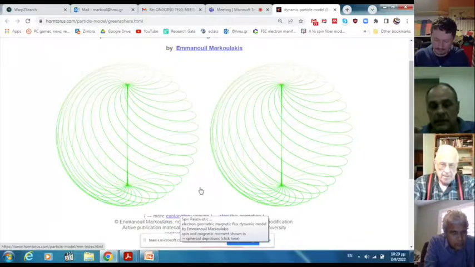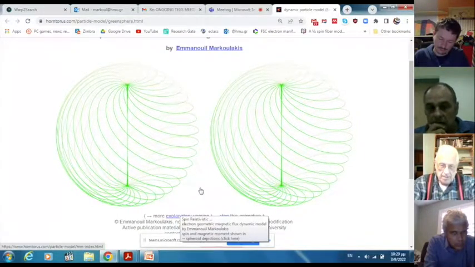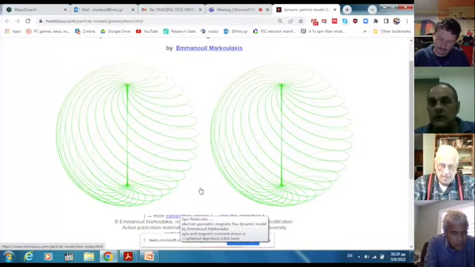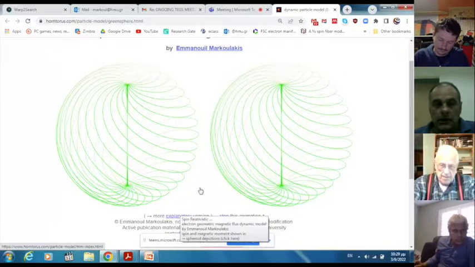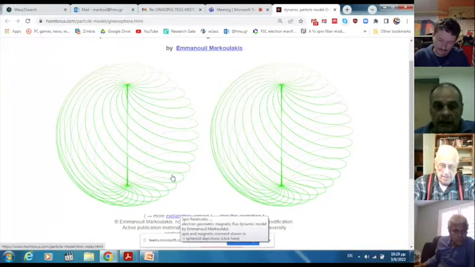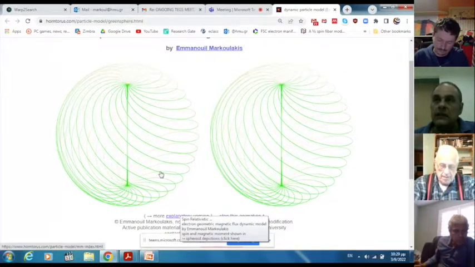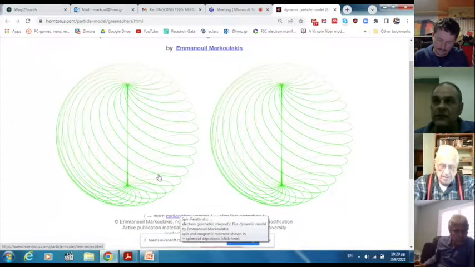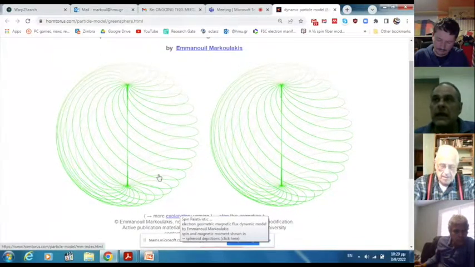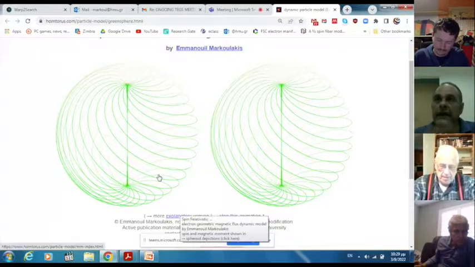So what are these lines? It's very important to understand, in order to understand our research, that we regard this as electromagnetic flux. It's nothing different. It's not some exotic type of energy or ether.